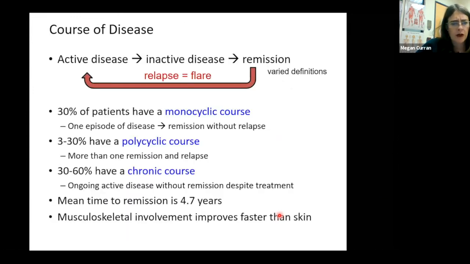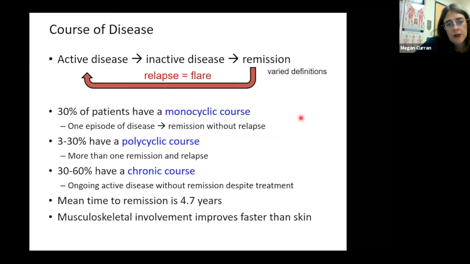Dr. Wahezi will talk a little bit about the course of disease, but basically what happens is a patient's disease is active, and then with treatment becomes inactive. And after it's inactive over a period of time and medications are removed, then we call it remission. And at any time, if a patient relapses or flares, they go back into active disease.